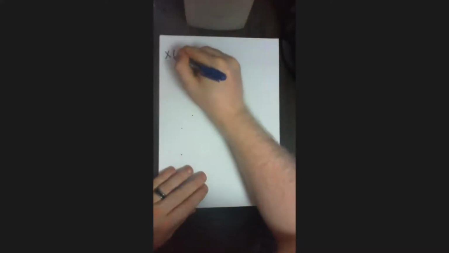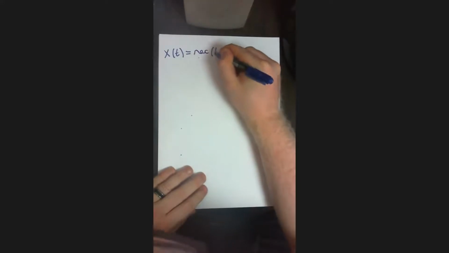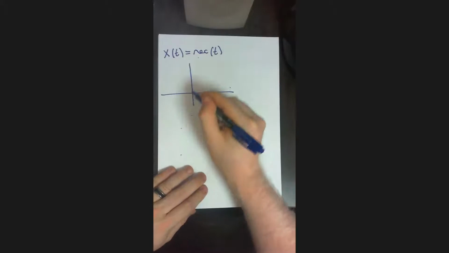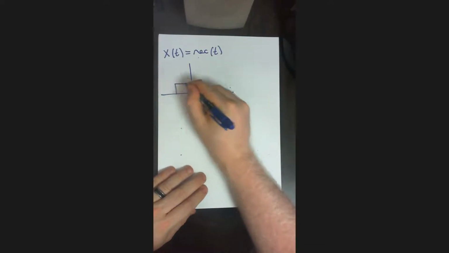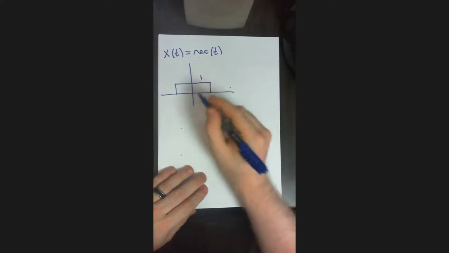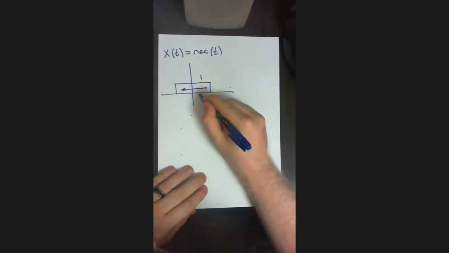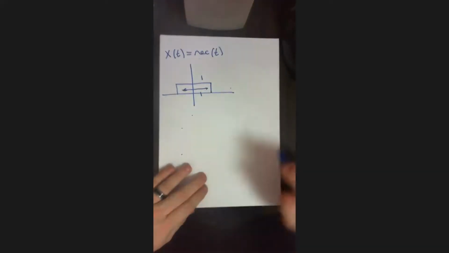As given in the head of the question, x of t is defined as rect t. So very simply, it's a rect function with amplitude one.